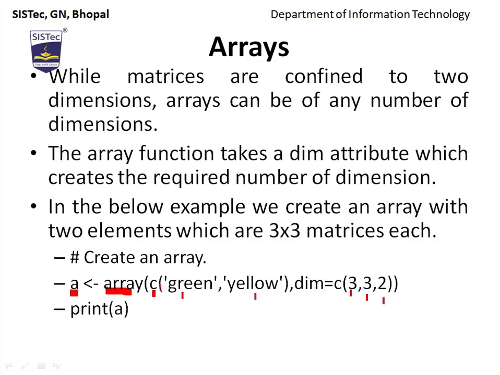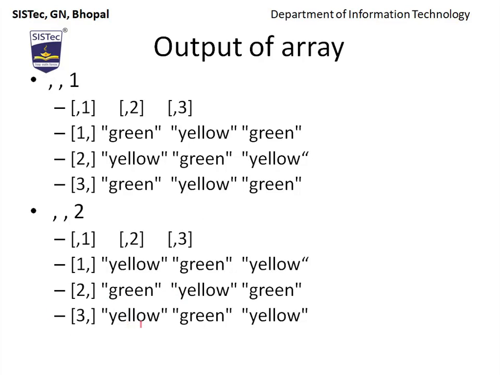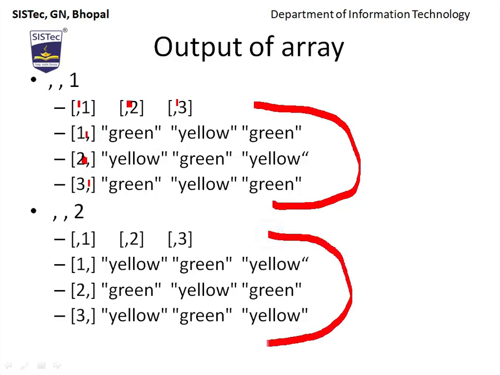Now we have to print this value, print a. Now see the output. In this, we define 3 columns, 3 rows, and we further define 2 repetitions of this. So this is one iteration and this one is the second iteration. So in total we have 2 iterations with 3 rows, 3 columns.